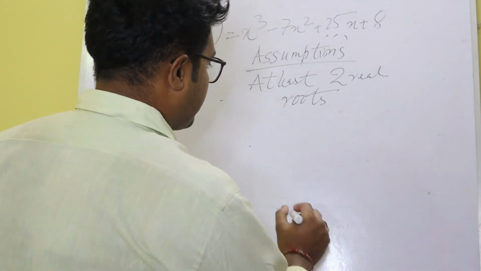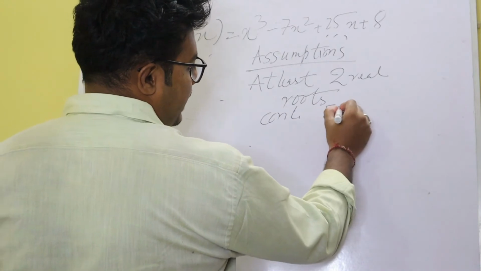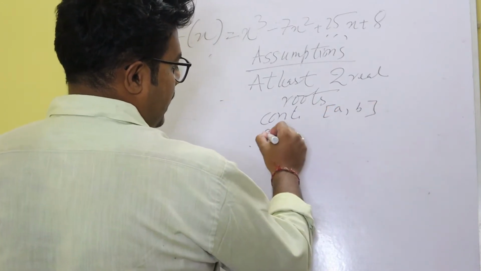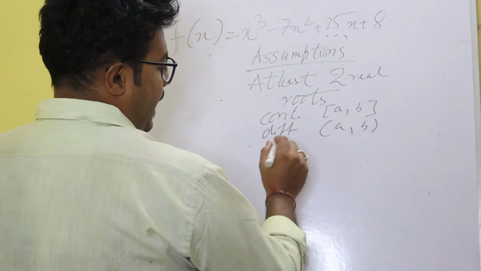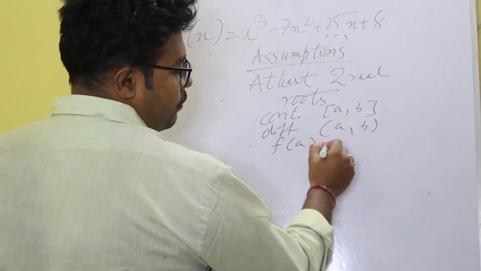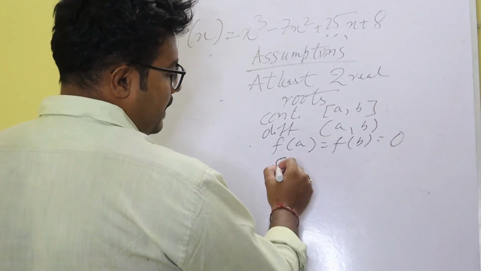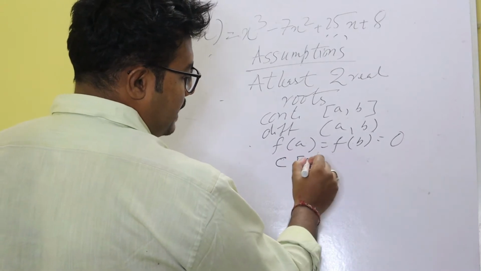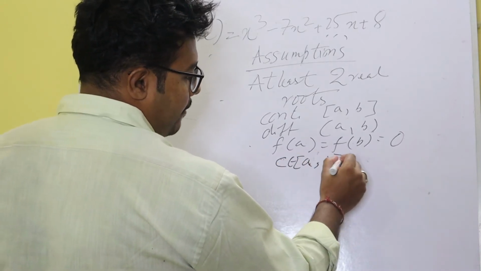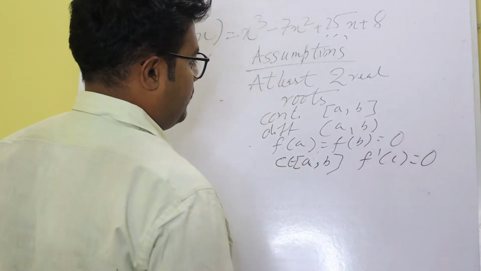Now it was continuous within the closed interval [a, b], it was differentiable within the open interval (a, b), and as I have shown you before, f of a is equal to f of b, which is equal to 0. Then there will be a point c within this interval such that f dash of c is equal to 0.